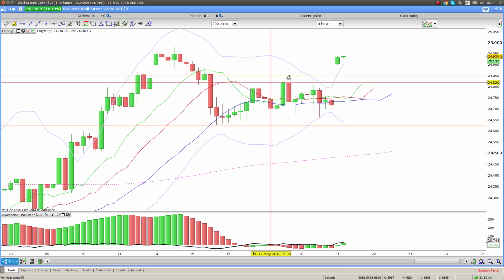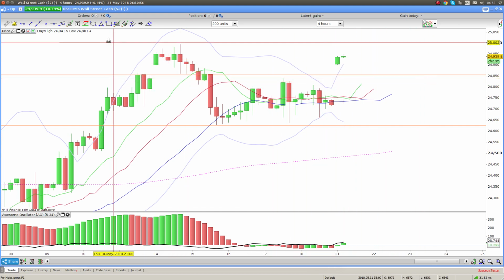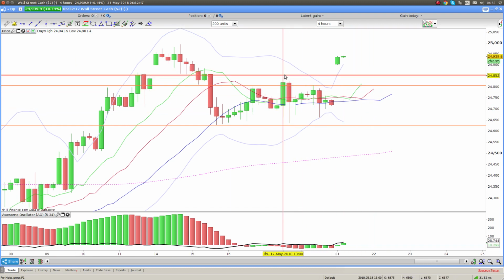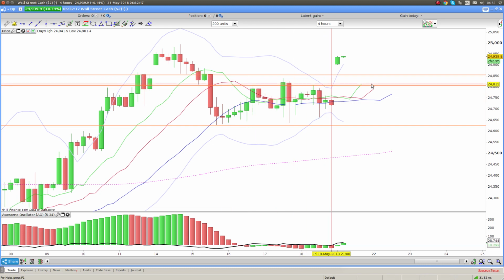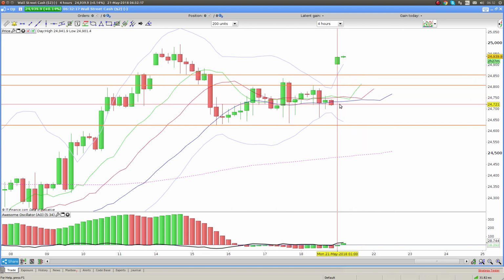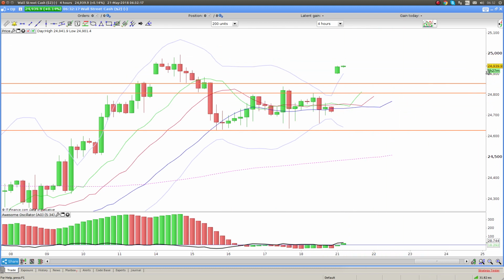I'd like it to pull back a little bit to come and test this break. Let's just put the breaks in. So obviously, I'll leave that one there because it's pretty close. But there's the next level. So I'd like to see it pull back to test this level, even close the gap if possible, and then move to the upside. We'll watch on the hour to see what's happening.